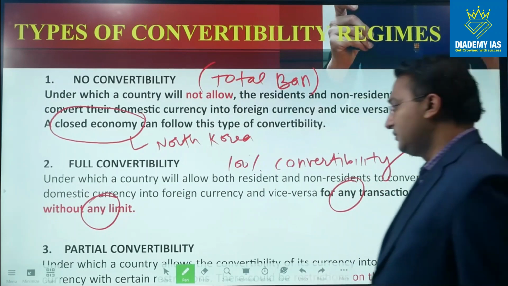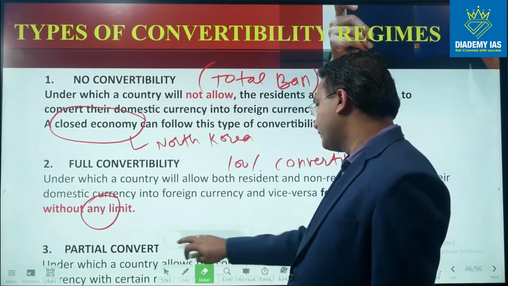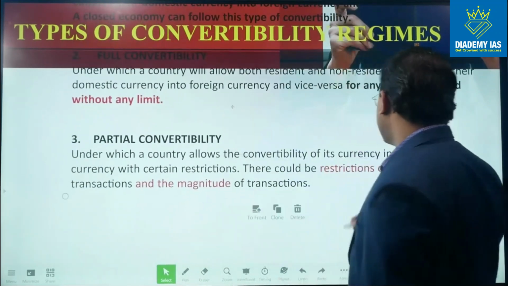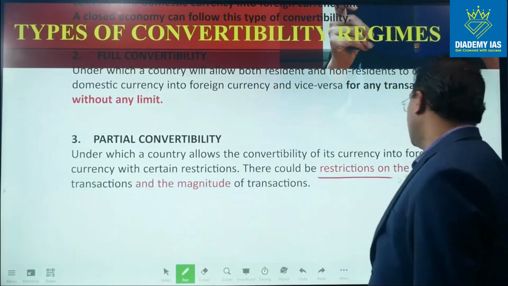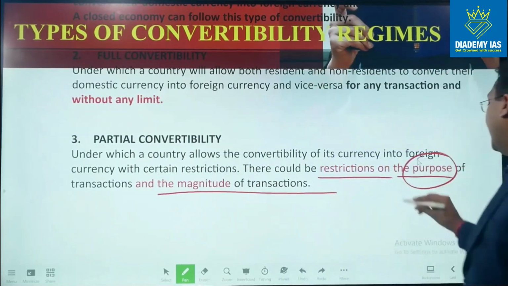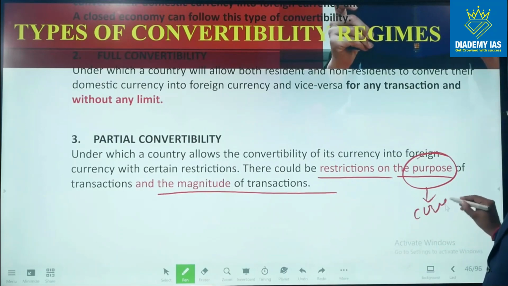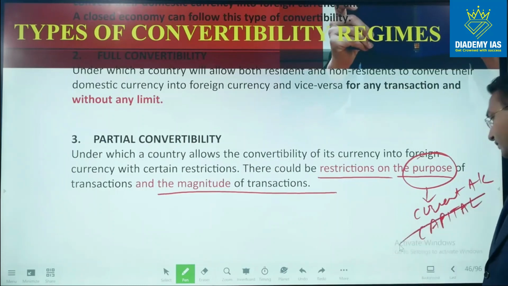Third, partial convertible, that means there is restriction about the purpose and the magnitude of the transactions. For example, in India there is no restriction on current account convertibility, but there is restriction over capital account convertibility.